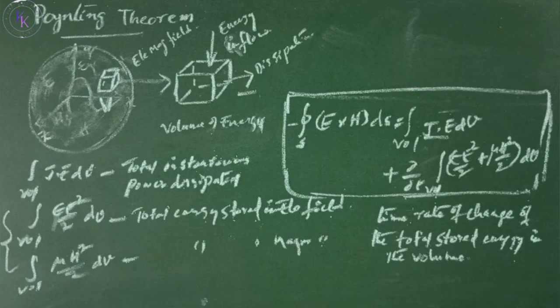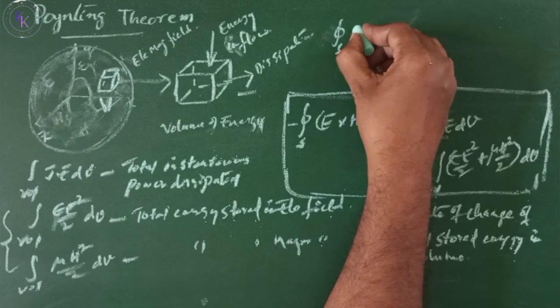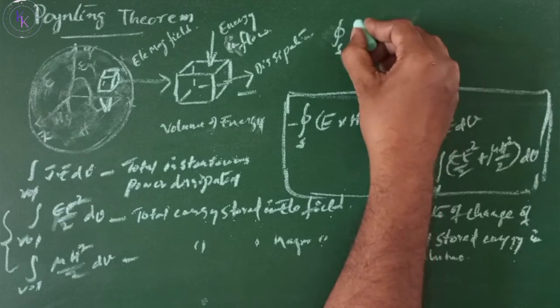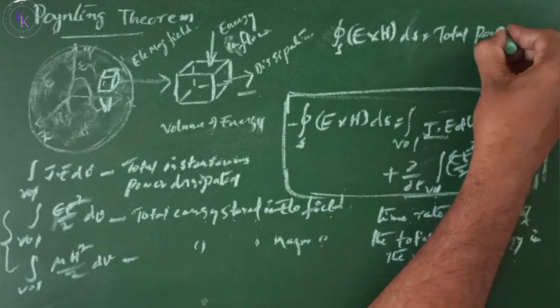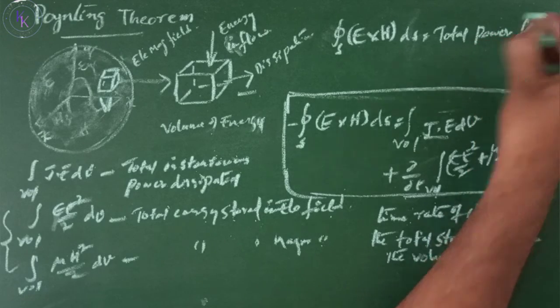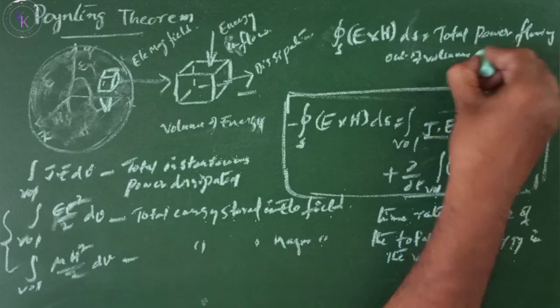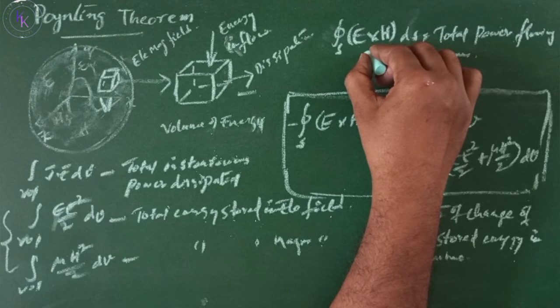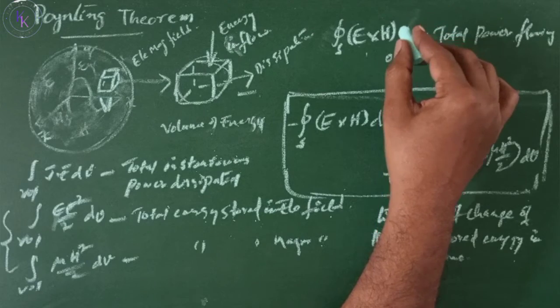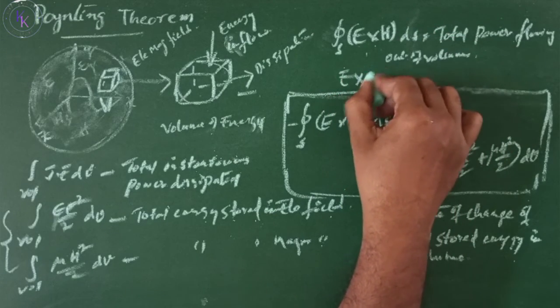Now, by the law of conservation, this must be equal to the total power flowing out of the volume. The surface integral of E cross H dS is the total power flowing out of the volume. This is a surface integral, and the surface involved is the closed surface enclosing the volume considered.